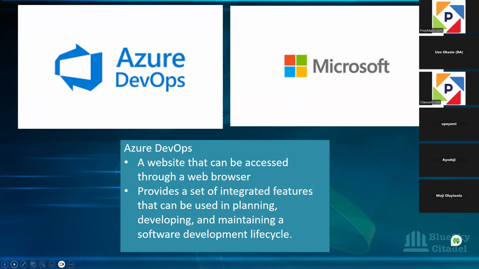Azure DevOps is a cloud computing platform. It is owned by Microsoft, and it can be accessed anywhere in the world because it's cloud computing. It gives every member the opportunity to work together collaboratively, and gives that transparency and visibility of how the work is being carried out, so that it helps the team to plan better and collaborate better, especially at this time where we have hybrid working.